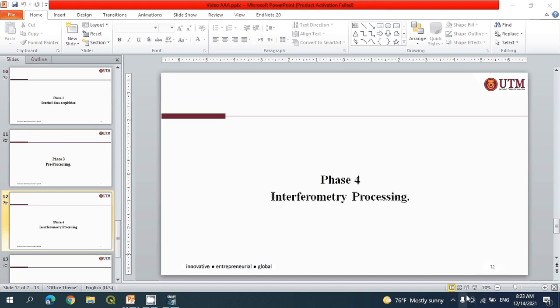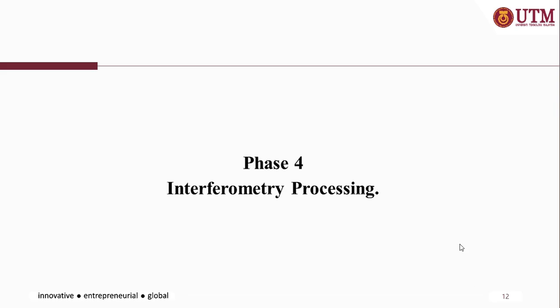The next step for our tutorial is about interferometry processing. Interferometry processing contains many processing steps that we will do with the image after pre-processing. It starts with the co-registration.